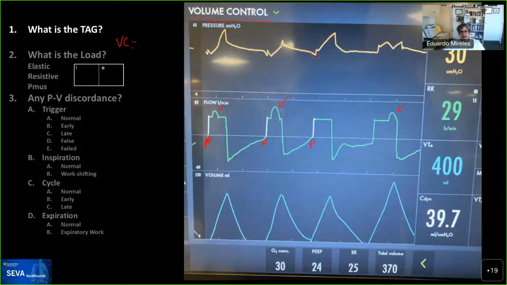Now, in this breath sequence, there's one breath that I didn't show over here. I mean, actually, this patient didn't have it. But if the patient had made a larger effort, it would have cycled by the patient.